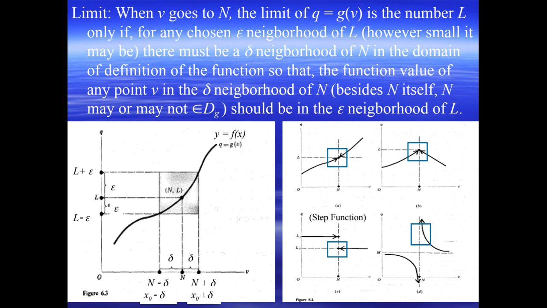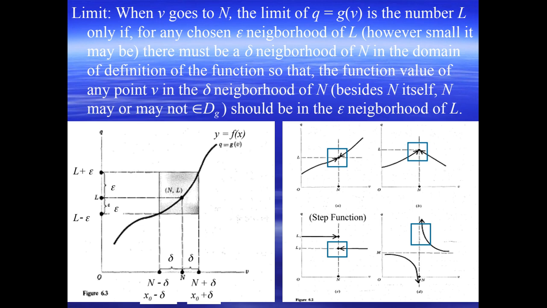All right, so here comes the important part. What is the limit? Now I will give you the formal definition of the limit of a function when x, or v, goes to a definite value, a real number n. It can be infinity as well if you wish, but for the moment being we take a definite n.